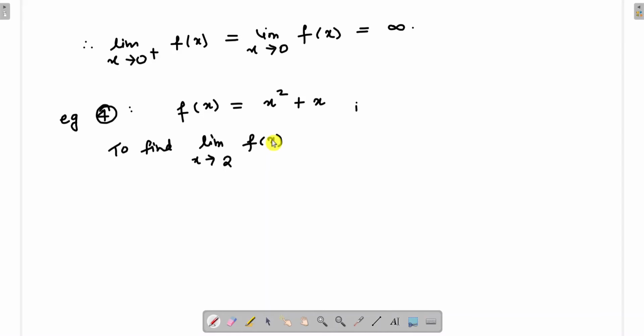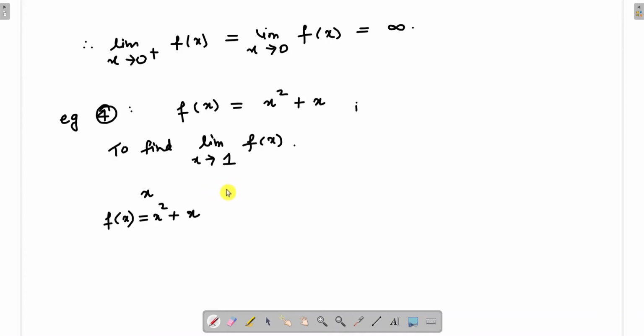At x equal to 1 we will calculate the limit. So we have to make the table x, f(x), and f(x) is nothing but x square plus x.